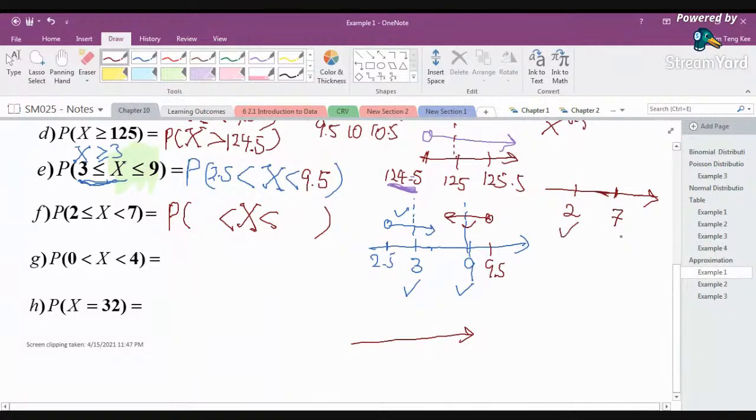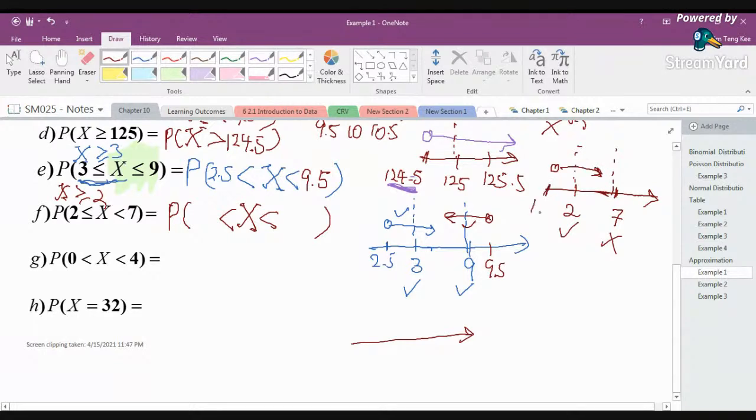I want to include 2. I don't want to include 7. So for the case of 2, I'm going to have x greater than or equal to 2. So draw a greater number line so that I can include 2. So greater include 2, it will happen to be this one.